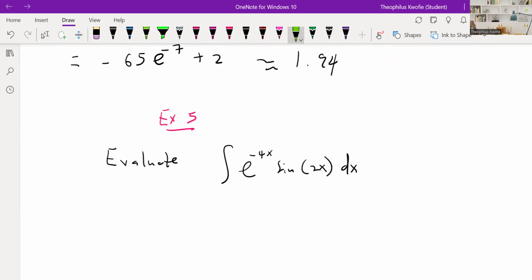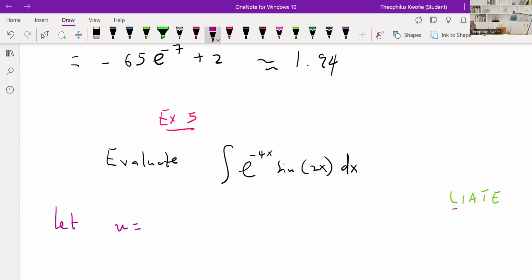Now, as usual, we want to use LIATE. Remember that LIATE helps us to get a choice for u. That's the essence of LIATE. So by LIATE, our u will be what?